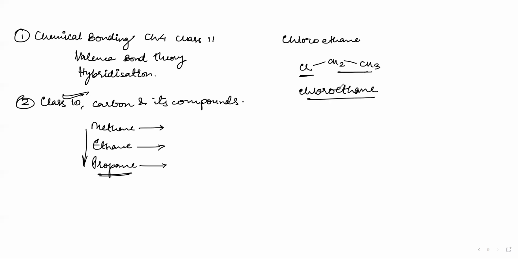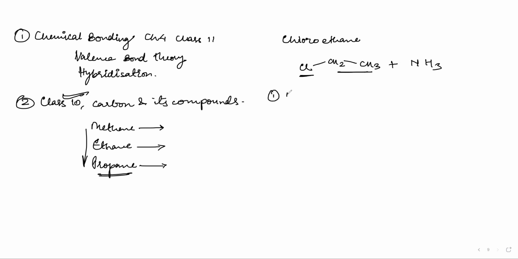I want you to react chloroethane with NH3, that is ammonia. Whenever we have any kind of reaction, Sanya, what do we ask?